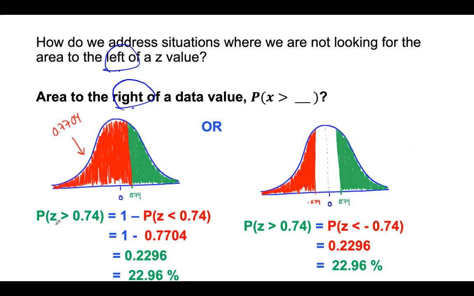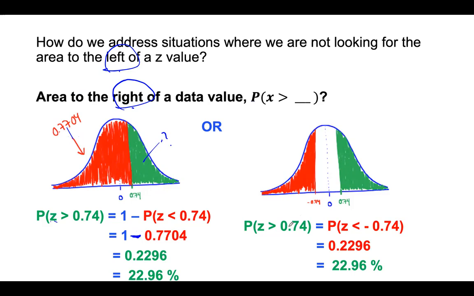But what if we care about the probability of Z being greater than 0.74? Less than was the area we just calculated, which was 0.7704, but we want this area. So it's going to be 1 minus that, and we get 0.2296. So just notice if it's greater than or less than.